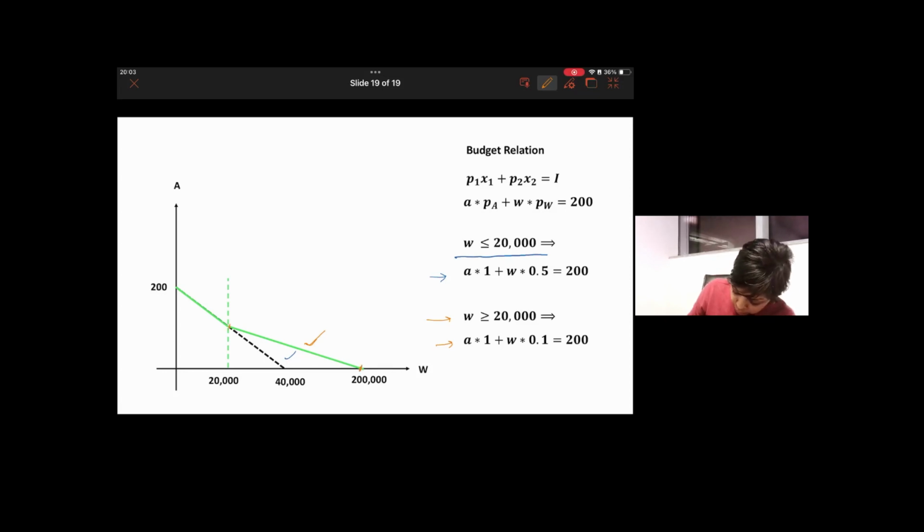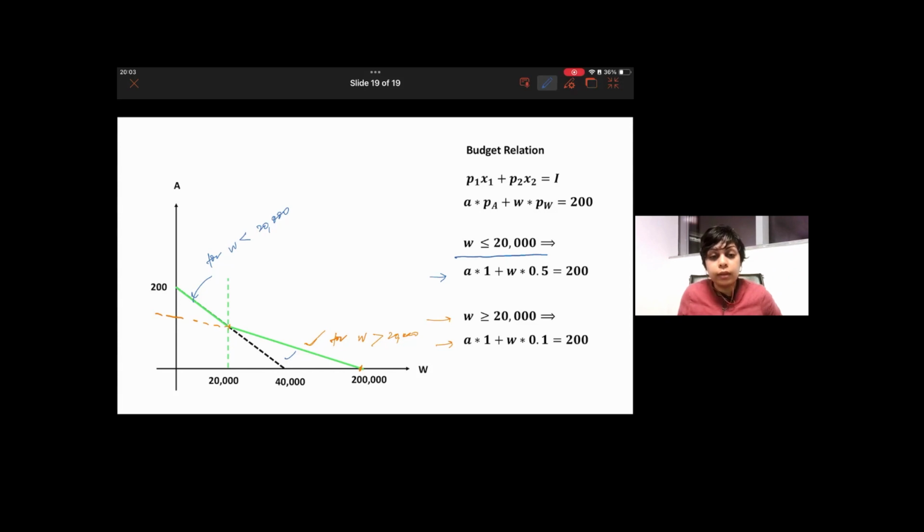You can extend it out in a dotted way like this if you want. This is the line for W greater than 20,000, and this is the line for W less than 20,000.